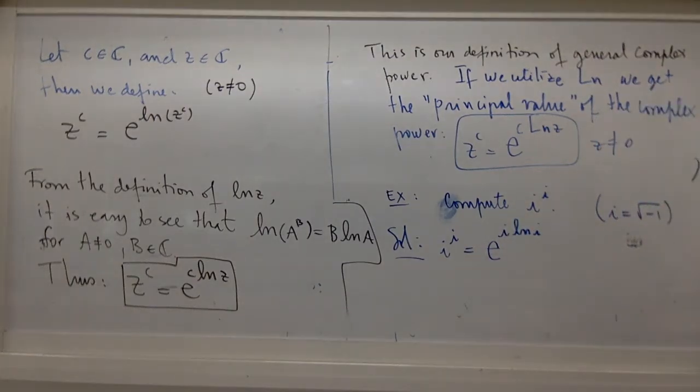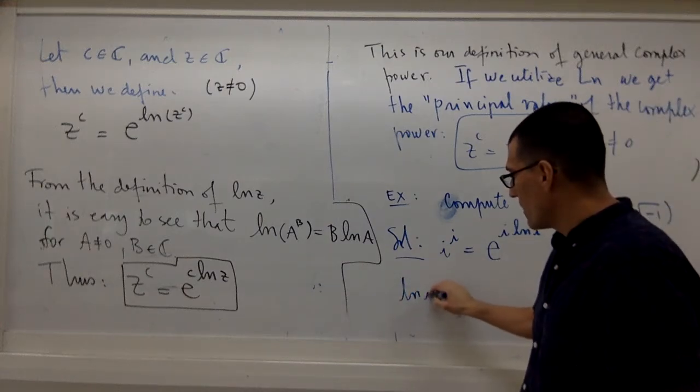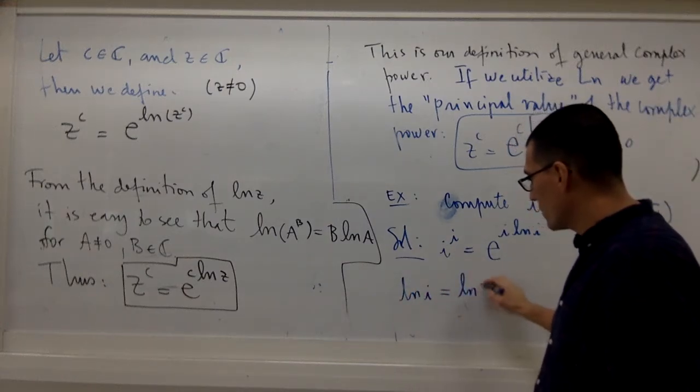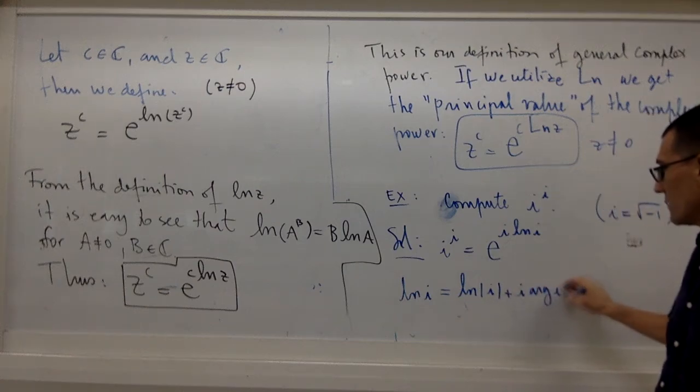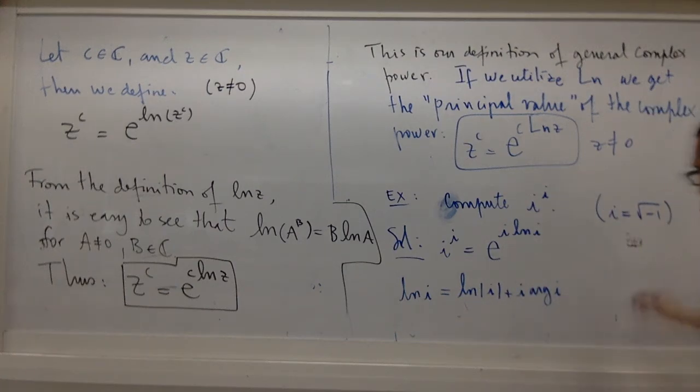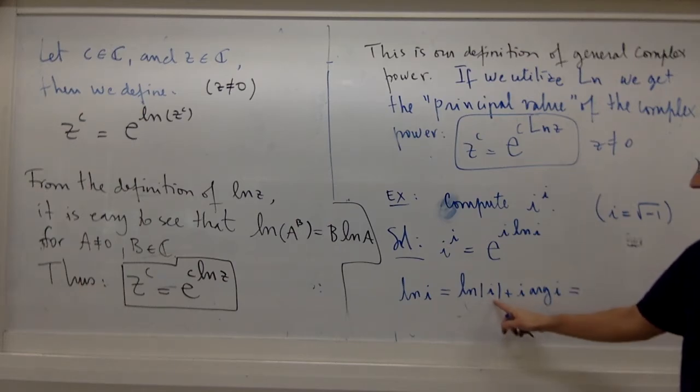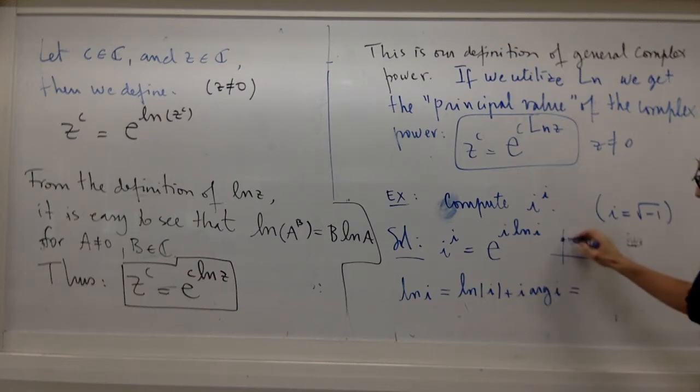All right? Now let's check out, what's the logarithm of I? Well, this is the logarithm of the absolute value of I plus I times the argument of I. So again, what's that? Well, the logarithm of the absolute value of I, the absolute value of I is 1, right? Because I is located up there. So the modulus of I is 1.